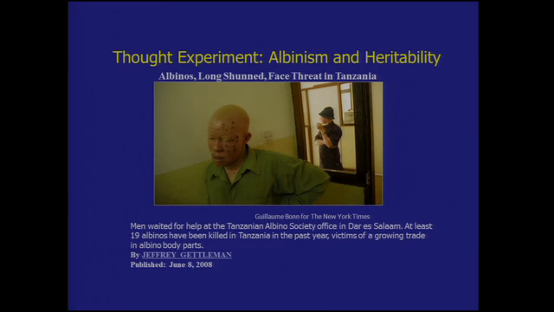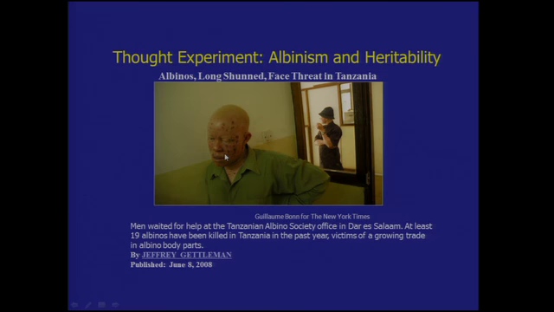Now, here's a particularly interesting case, which I think will crystallize for you the subtlety of this concept and why the fact that there is an association between a particular gene and a particular phenotype may mislead you about its causal role. So it turns out this is an African who is albino. He has very little melanin in his skin, and it turns out in Africa, particularly in Tanzania and some of the other countries near Tanzania, like Uganda, albinos are terribly discriminated against and persecuted.